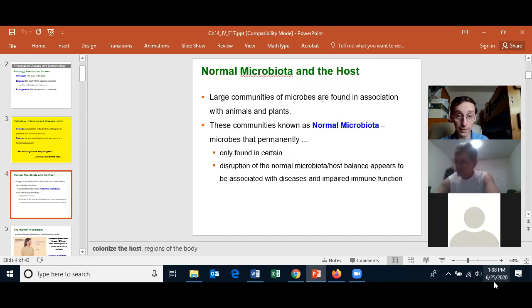And it appears to be associated with disease when that balance is thrown off. It can also be associated with impaired immune function. So if the normal microbiota is thrown out of whack or out of balance, then the host can get disease or impaired immune function. Any question about any of that?